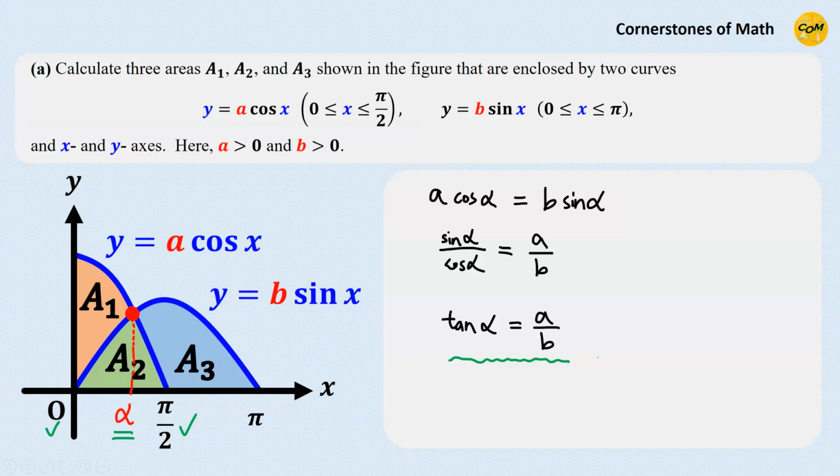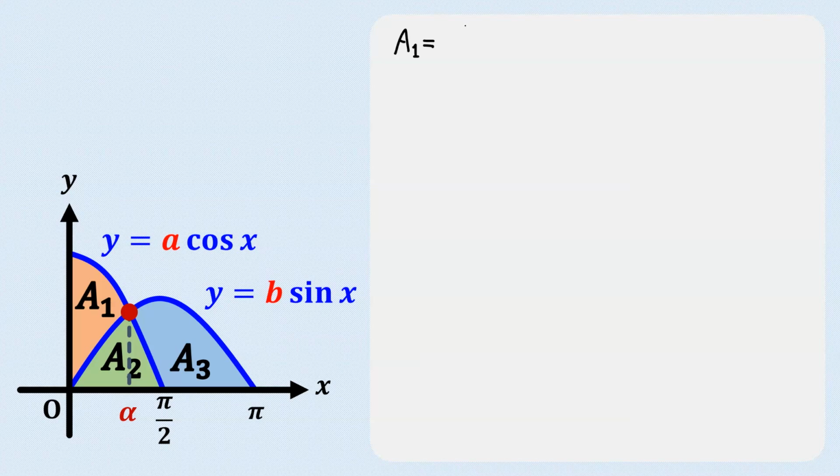Now let's move on to the calculation of areas. Let's start from area A1. Obviously, the area is given as the integral of a cosine x minus b sine x, where x changes from 0 to alpha, our intersection point.